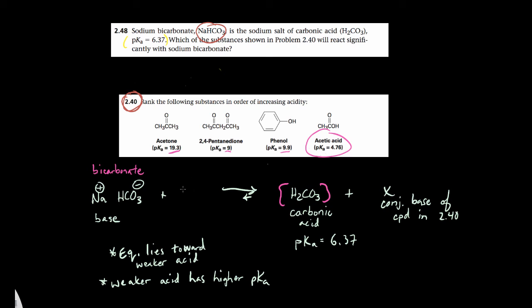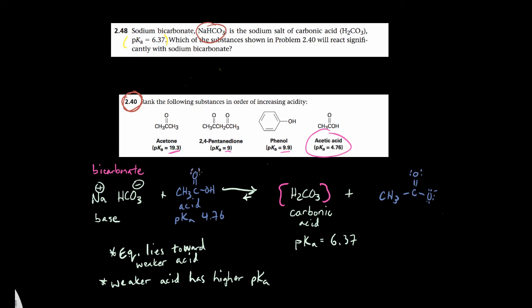So if we put in acetic acid here, CH3COOH, this is acetic acid. That's the acid in this equation. The pKa is 4.76. And we'll just go ahead and write out its conjugate base. So the conjugate base of acetic acid is CH3COO minus. And I'll put in the lone pairs here.